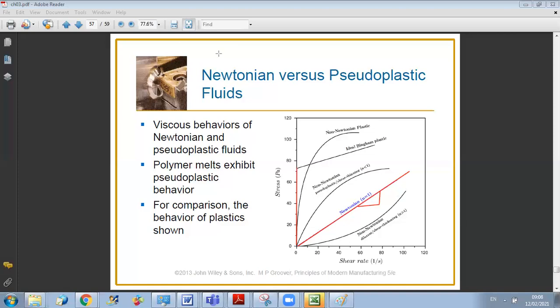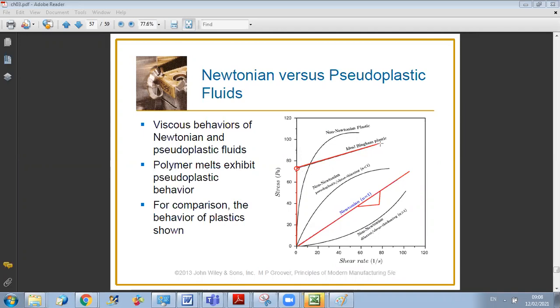However, when we exceed this yield strength value, then we begin to see a deformation, and we see a shear rate. For stresses higher than this point, it will behave as a fluid having a certain viscosity.